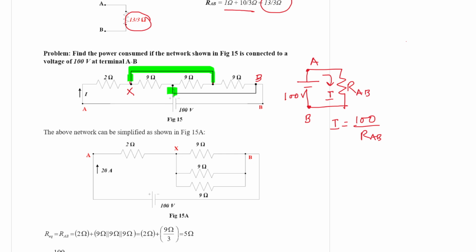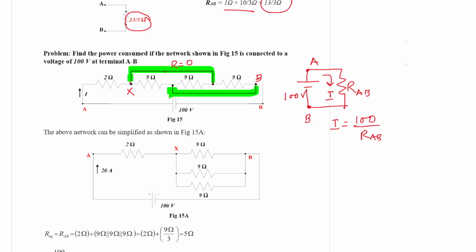Similarly for this also, this means short circuited. Now what does short circuited mean? A short circuit path is a path which provides zero resistance, so R becomes 0.